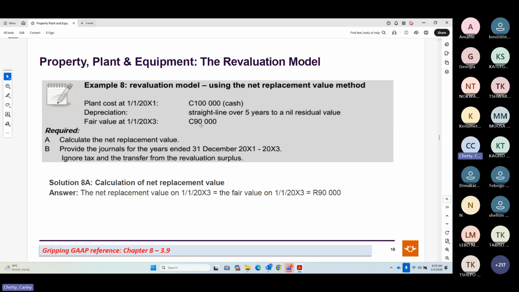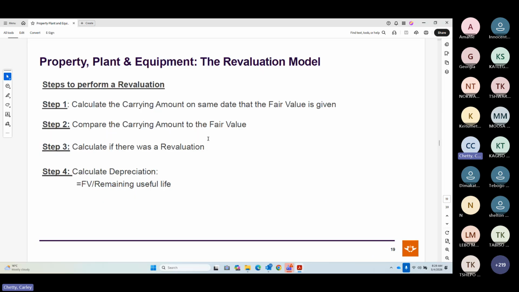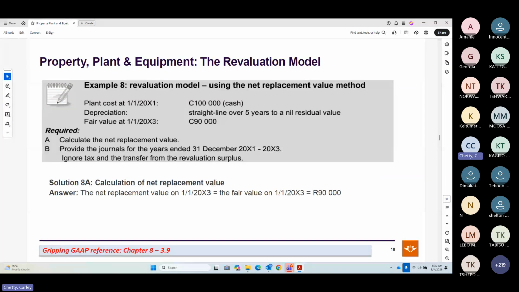So on the date of the fair value that is given, we need to calculate the carrying amount. There are various steps that we are going to perform when we have a revaluation. Step 1, we are going to calculate the carrying amount on the same date that the fair value is given. So for this example, the fair value was given on 1 Jan 20x3.